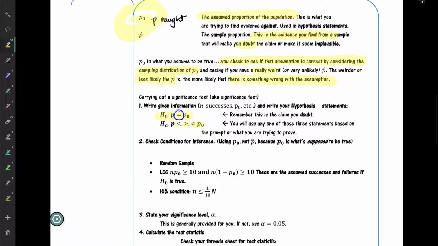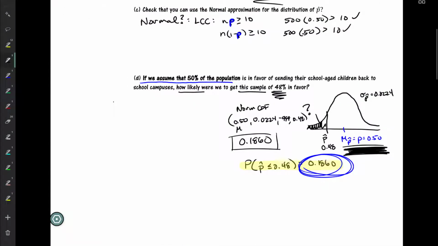So let's go back up to our previous prompt and do that. Back to our original calculation for that norm CDF condition, we write out our null and alternate hypothesis based off of what we just said. My null hypothesis is that the population proportion, based off of this claim, is equal to 0.50. My alternate hypothesis is going to be something a little bit different.